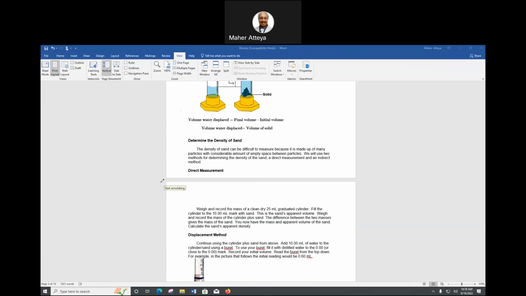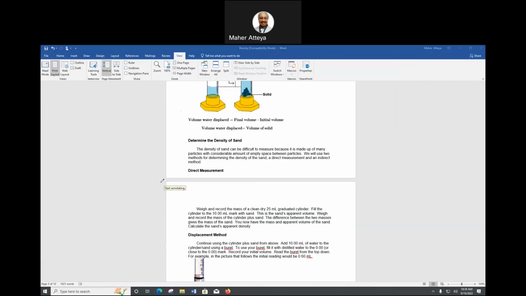That's not really true because I did not correct for the air. So that will give me what? That will give me the apparent one, non-true one. So if I have to do the true one, I have to add a liquid, water for example, that will be able to do what? To drive the air bubbles out by mixing. Adding this water inside this graduated cylinder will take the air out.